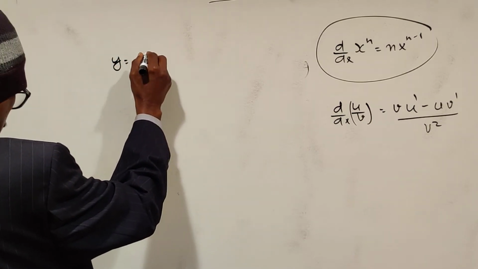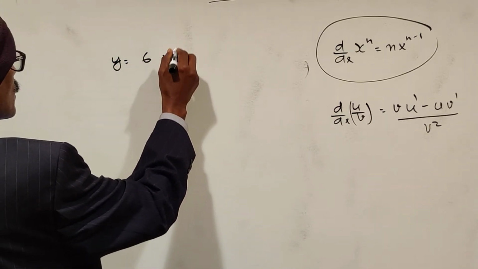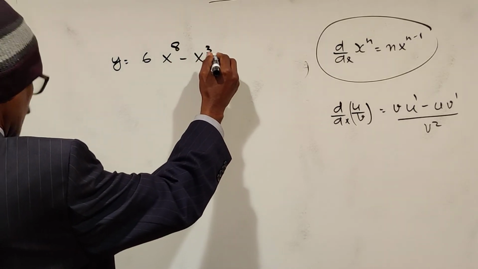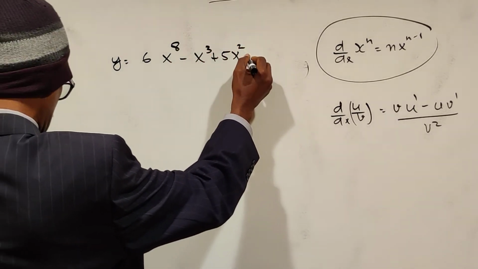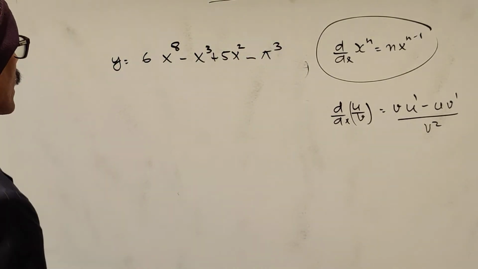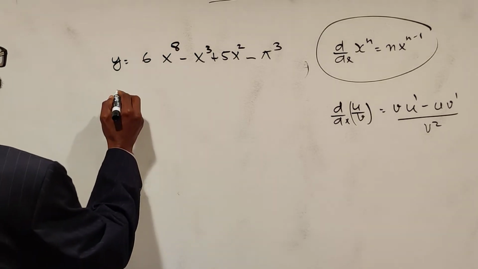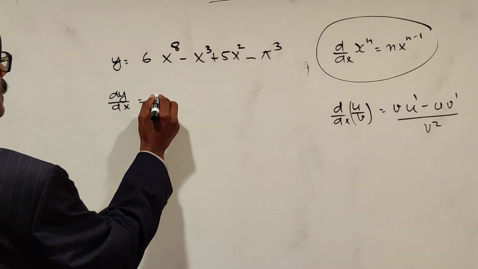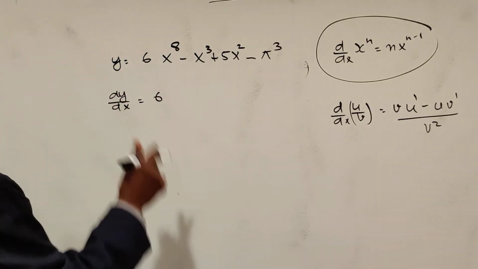y equals 6x raised to 8 minus x cube plus 5x square minus pi cube. This is easy. dy by dx equals: 6 is a constant, just leave it.